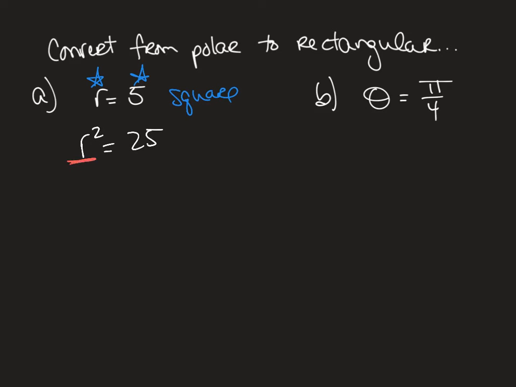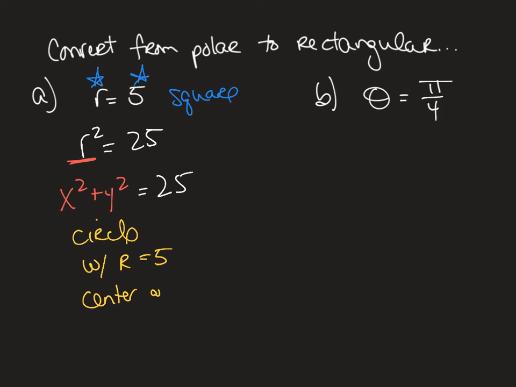And r squared is the same thing as x squared plus y squared, and that equals 25. Guys, this is a circle with a radius of 5 and a center at 0, 0, which 2 of your examples previously on this day, like example 1B and 1D, I think, that's what we had.